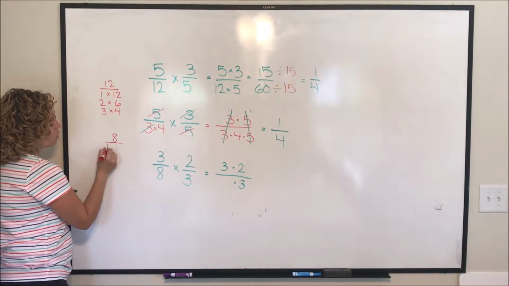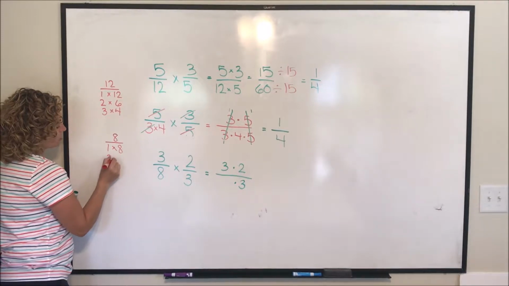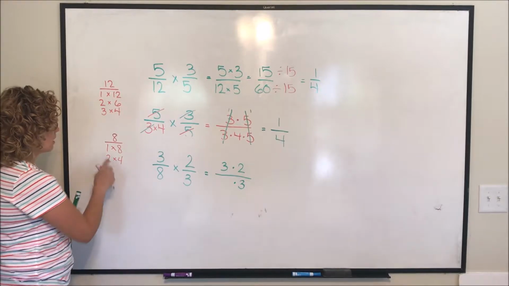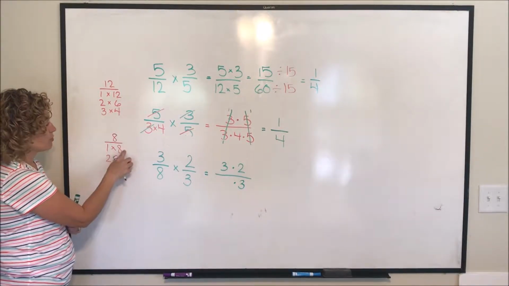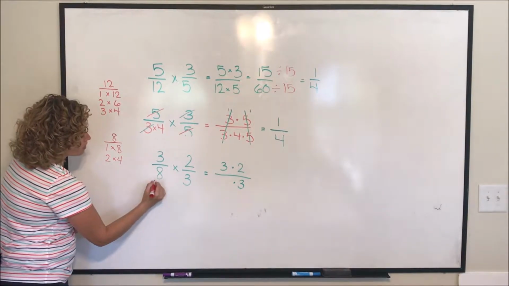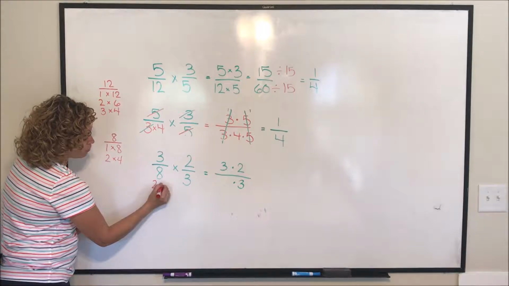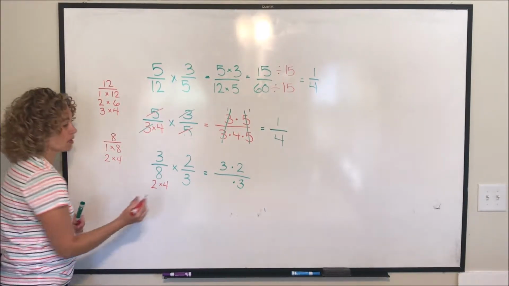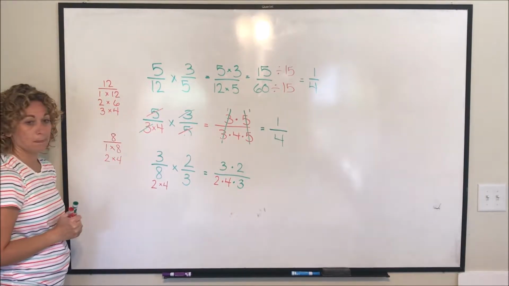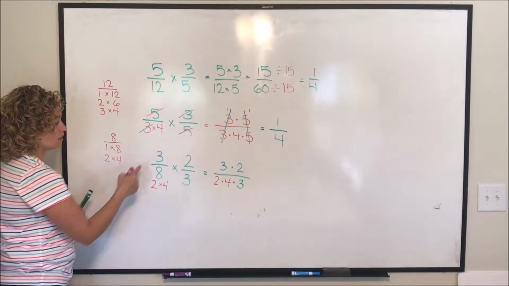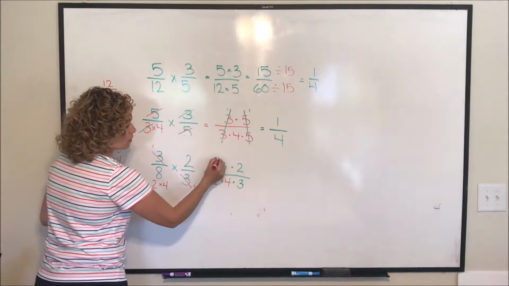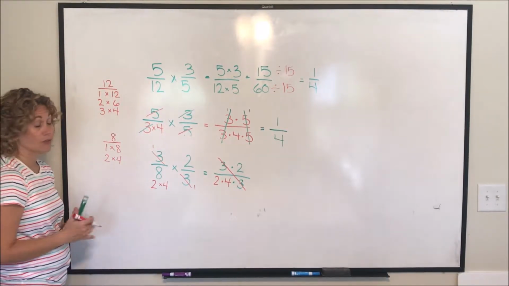What that means is 1 times 8 and 2 times 4. Those are the factors of 8. The 1 doesn't help us much. There's no 8 over here. But I do see a 2. So what I'm doing is I'm replacing my 8 with this 2 times 4. And that's what I'm going to write over here. Now, these 3s, 3 divided by 3 is 1, depending how you like to write it.